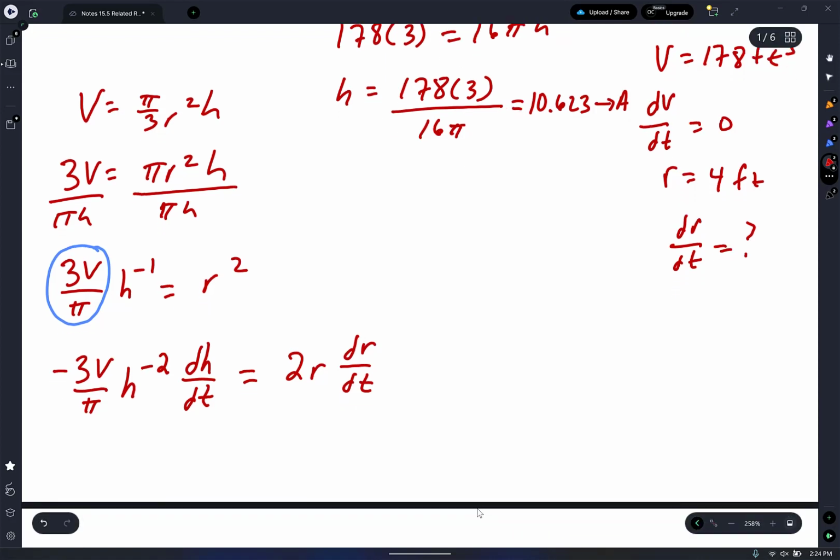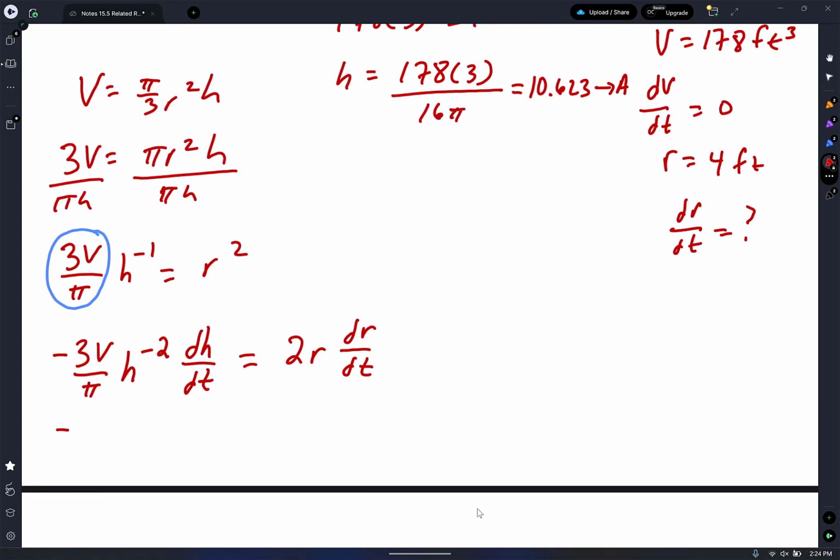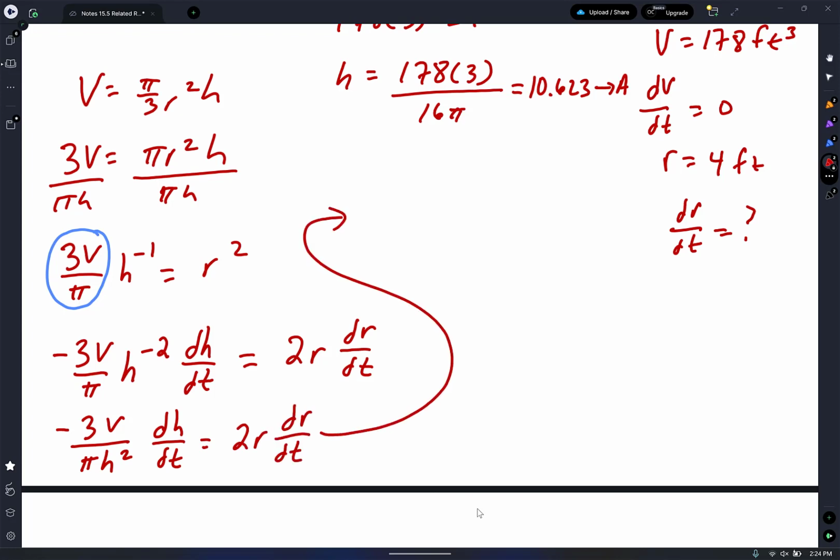Here comes algebra, and it's not crazy algebra, guys. Negative 3V over pi h squared, dH/dt, equals 2r dr/dt. I just went ahead and rewrote it. I'm going to start plugging in numbers. Negative 3 times my V, which is 178, divided by pi, parenthesis, the h was saved as 10.623.